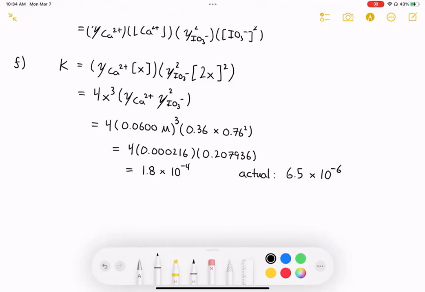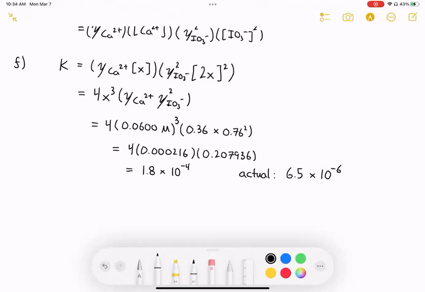For activity coefficients, we just kind of have to extrapolate. They are known, but they are not known to the exact value of our ionic strength. So we just have to make do with what we have. It has 0.15, so that's why we use that one.